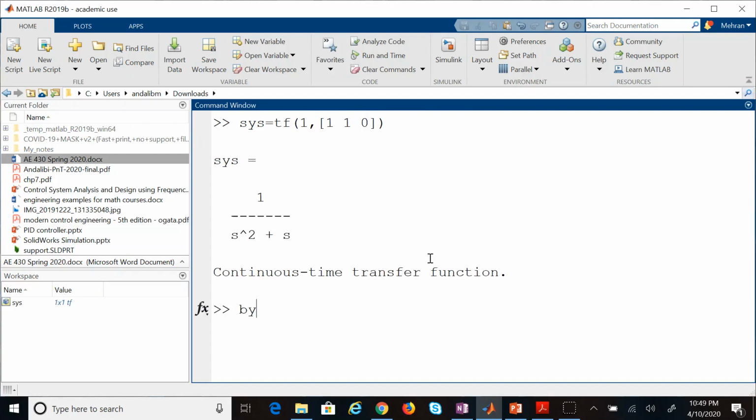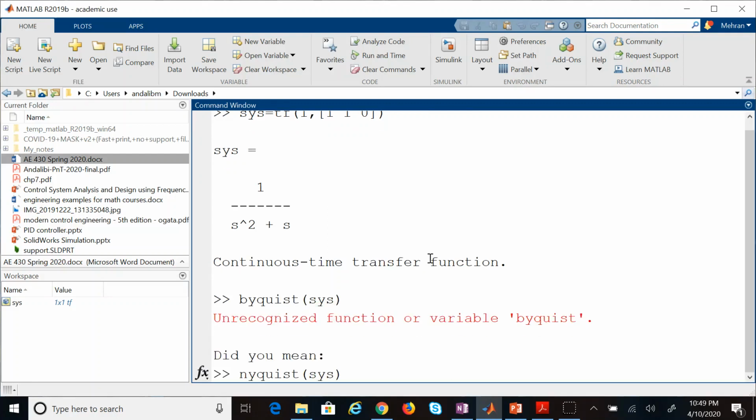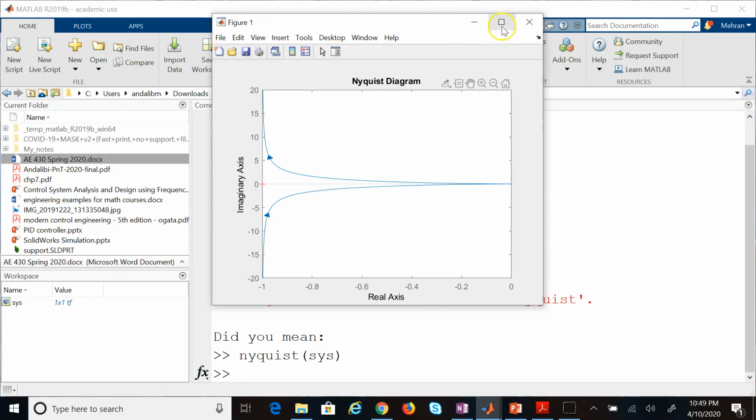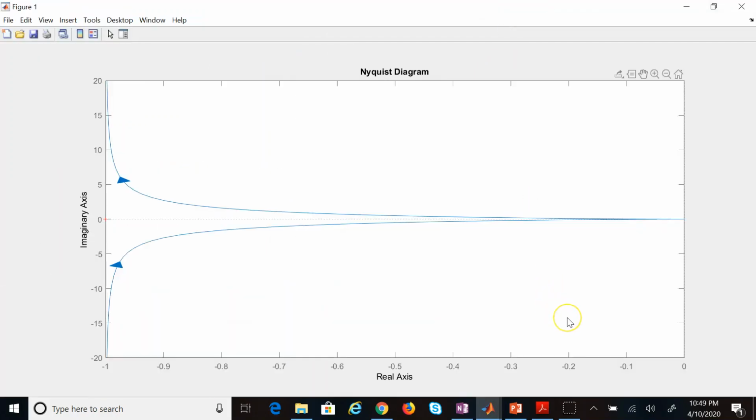So I say Nyquist of system. Okay, so this is the Nyquist of that system. Of course, we only look at the bottom one. We know the top one is for negative frequency.